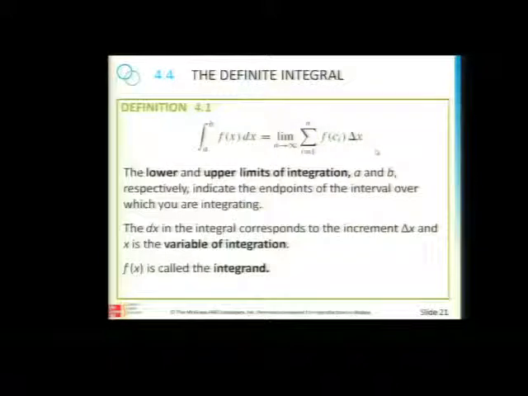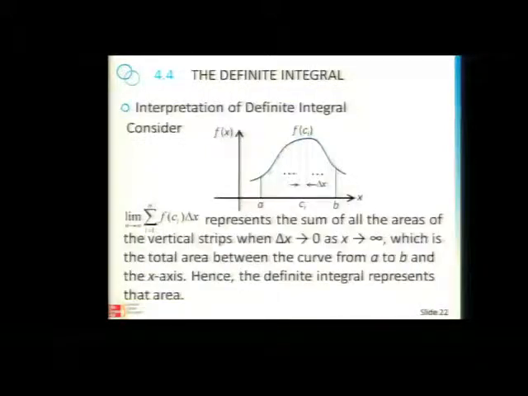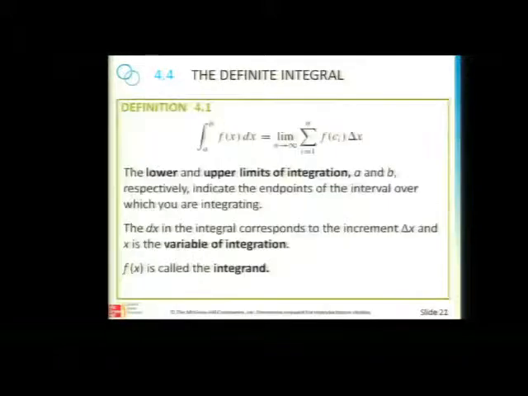Now, let's look at what this limit means, what this definite integral means. So what I'm going to do is to explain to you the meaning of this part which is defined to be this definite integral. So what's the meaning of the limit of this sum when n goes to infinity?